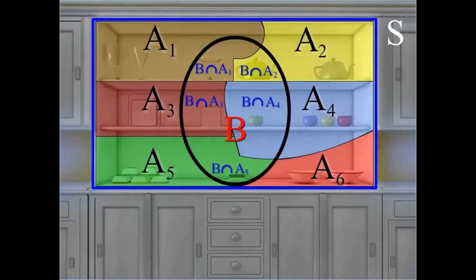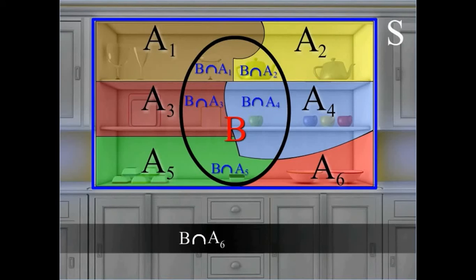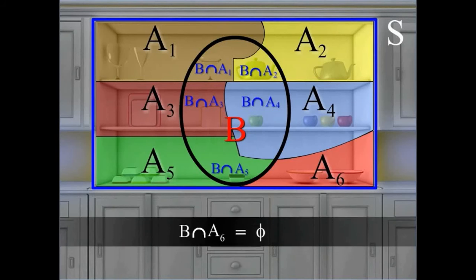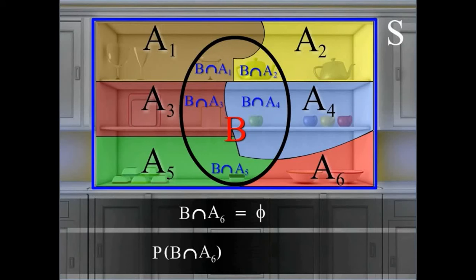Since there is no region common to the sets B and A6, you can say that B intersection A6 is a null set. Thus, the probability of B intersection A6, that is, number of elements belonging to set B intersection A6 upon number of elements belonging to set S, is 0.